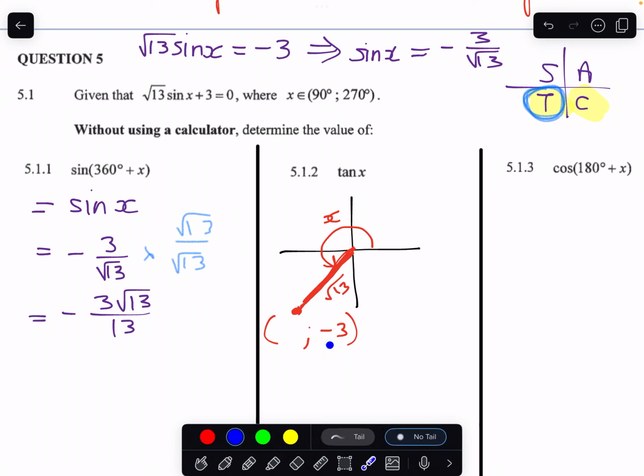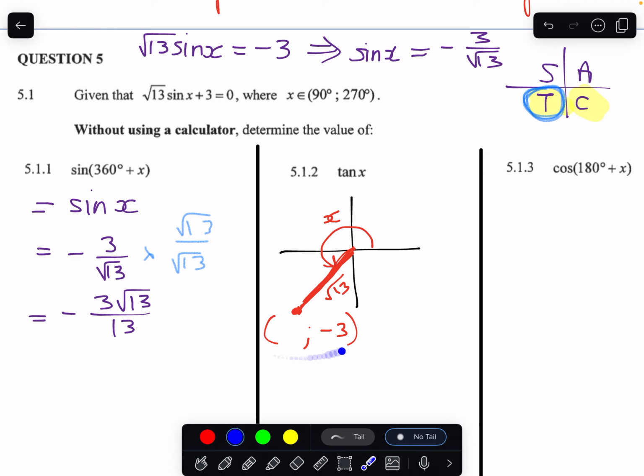So we know that the ratio between them is that. And you could pick any other two numbers, just as long as they would have this ratio. So you could pick 6 and 2 root 13, or 9 and 3 root 13, as long as when you simplify that fraction, it gives you this.